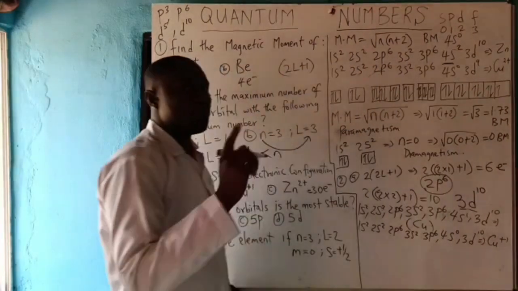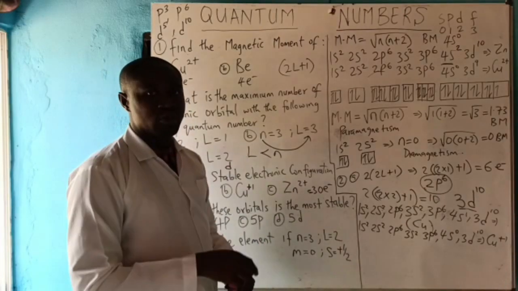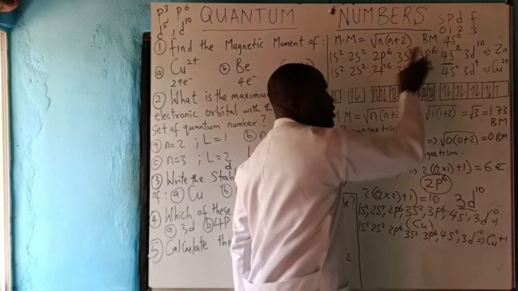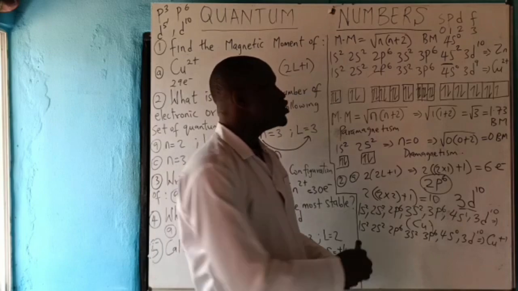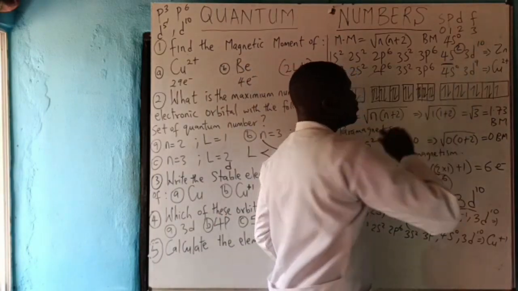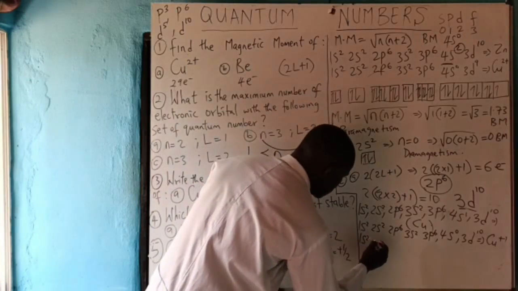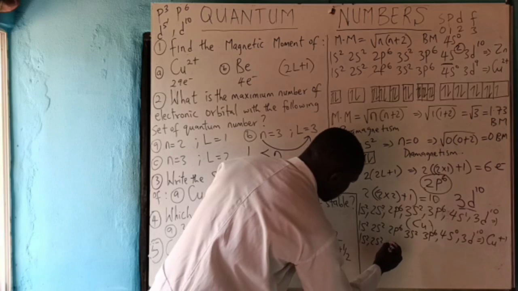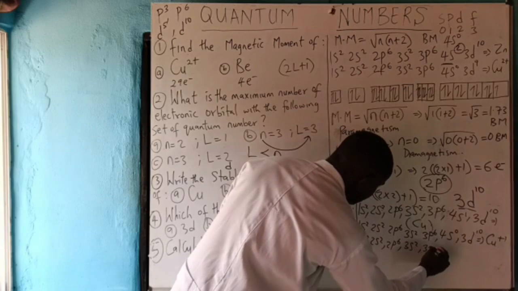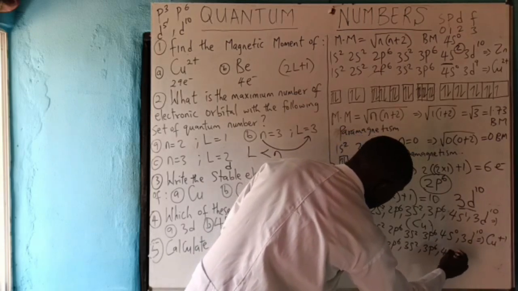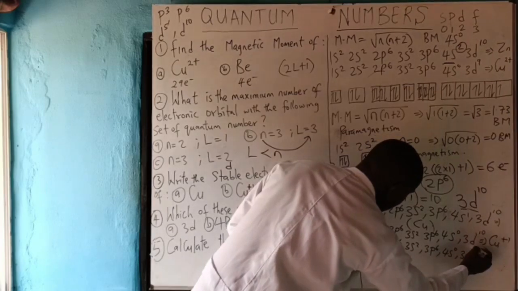Now for zinc 2 plus. Zinc 2 plus means it will lose 2 electrons from the outermost shell. The outermost shell we have is the fourth shell, and this 4s2 is a subshell in the fourth shell. And so 2 electrons will leave from here to be given to a non-metal. And so we now have 1s2, 2s2, 2p6, 3s2, 3p6, 4s0, 3d10.